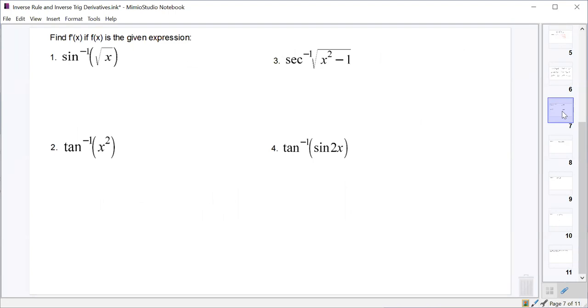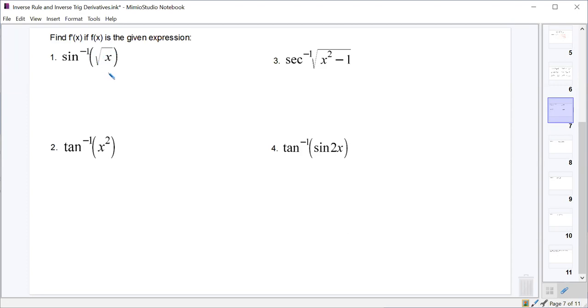So let's find the derivatives of each of these fun functions, starting with the inverse sine of root x. We'll do that one together, and then I'm going to give you guys a couple minutes. We'll maybe do the first 2 together, and then I'll give you a couple minutes to try numbers 3 and 4. So if we've got the inverse sine of root x, this is the inverse sine of u, right?